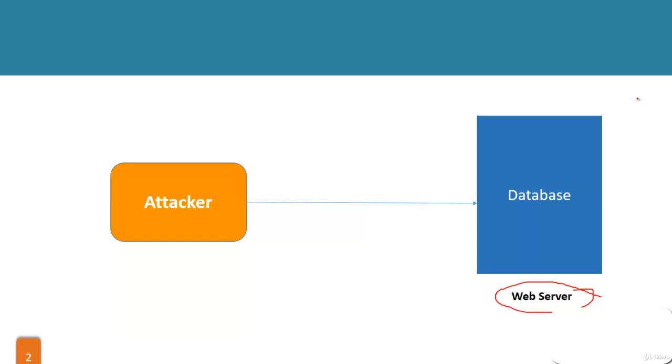I want to send some malicious content to the database, and if the database is not aware that this is malicious content, it will send me the information I want as an attacker, right? What I want as an attacker is all the content of the database, everything stored in the database: mobile numbers, fax numbers, email IDs, addresses, customer names, customer email IDs, everything I need from the database. So that we are going to do in this section.